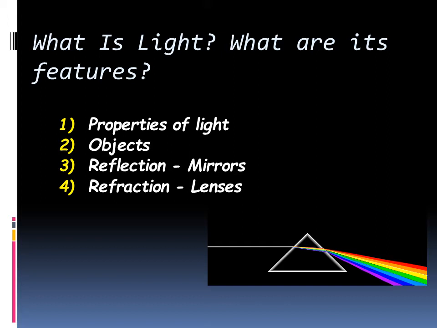So we will talk about all these things. For that we have to talk about properties of light, then its objects, then reflection. We will talk about this much only in this topic.